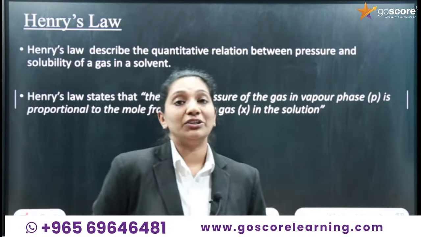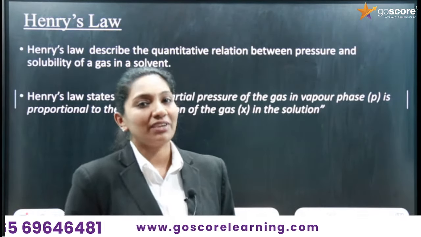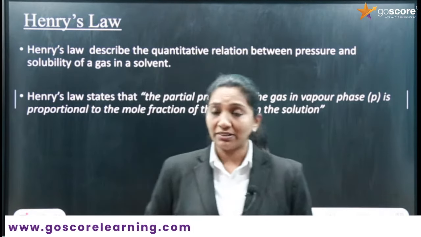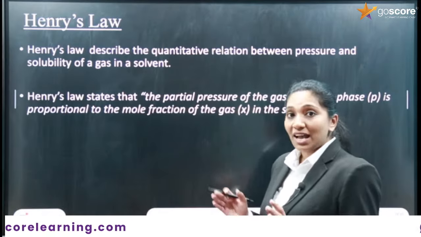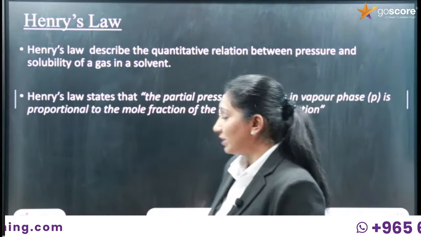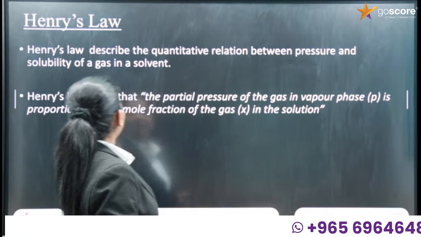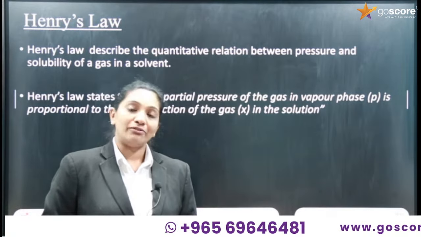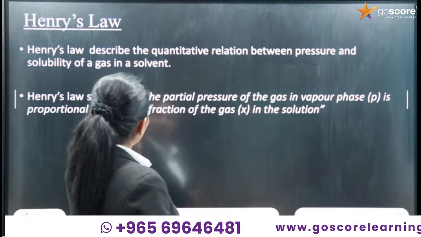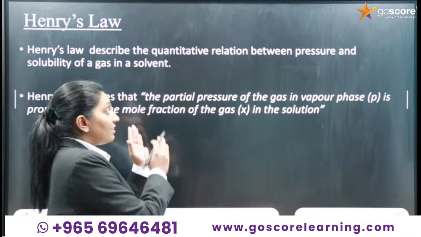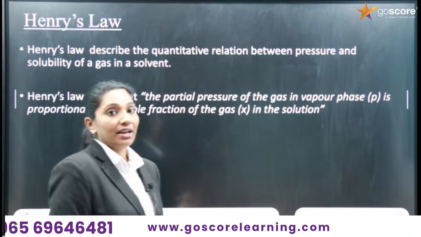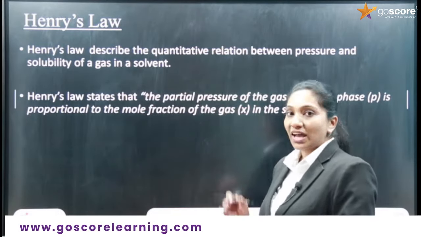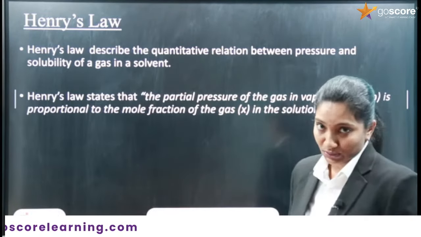So before entering into Raoult's law, I would just like to give an introduction about Henry's law, which we already discussed in the first part. Henry's law describes the quantitative relationship between the pressure and solubility of a gas in a solvent. Henry's law states that the partial pressure of gas in the vapor phase is directly proportional to the mole fraction of gas in the solution.